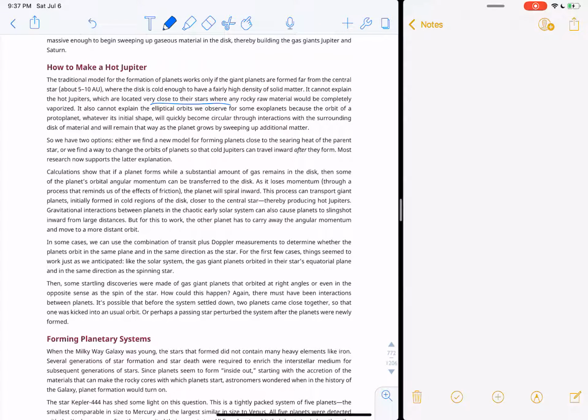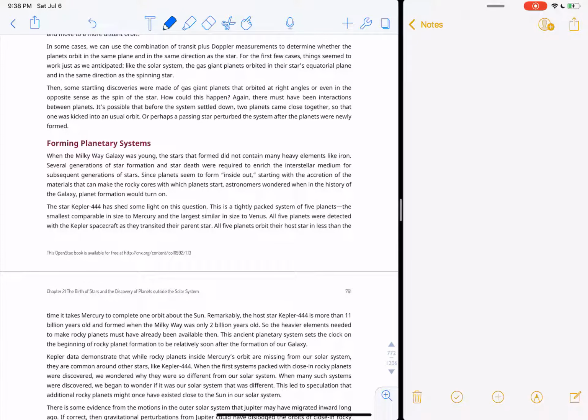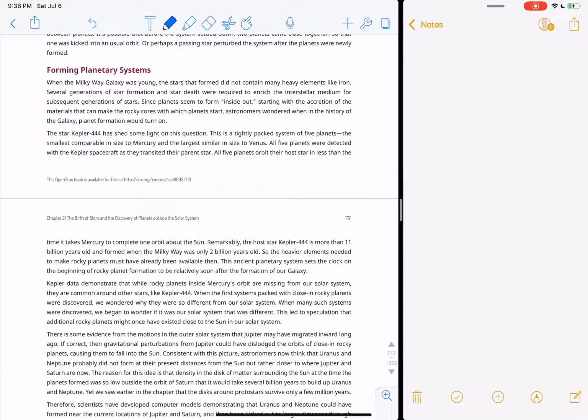So we need to figure out how you can get planets so close to the star, or a way to get something like Jupiter to go inward after it forms and get closer to the star. If you have that, you don't have as much of a problem. This is a current area of research, which is why it's in here. So maybe there's a way for a Jupiter to get closer to the sun so that it doesn't evaporate quickly.